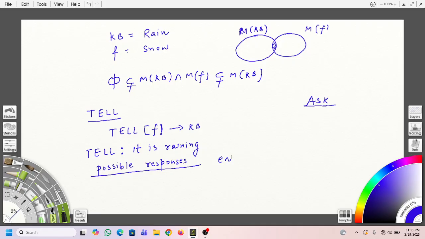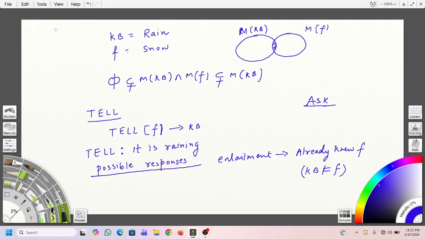If it is entailment, that means the KB already knew the formula F. So here we write that KB entails F.